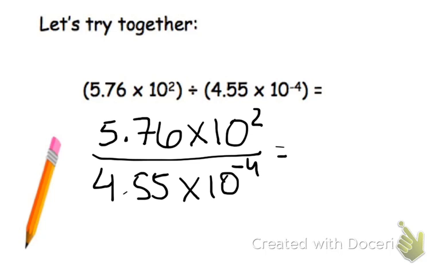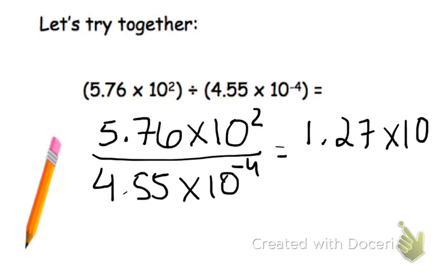As our first step, we would use our calculator to divide 5.76 by 4.55. We'll round our answer to the nearest hundredth, 2 decimal places. We have 1.27 times 10 to some power.